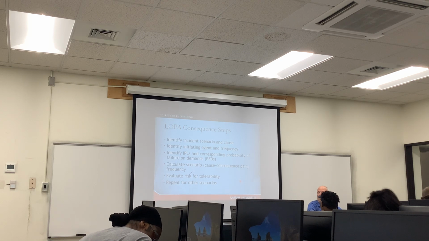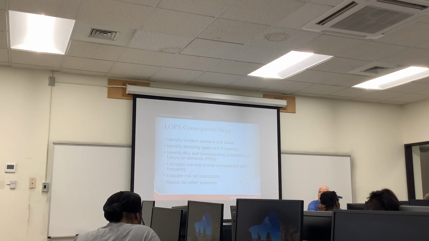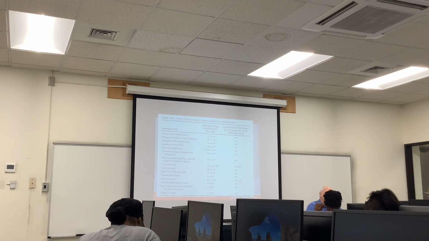A lot of companies don't like to do that. But if you don't, then you really don't know what your probability of failure on demand is, and it's almost certainly not what was calculated for that system. So you probably are running at a higher risk than you thought. Anyway, okay, here are some examples of initiating events.